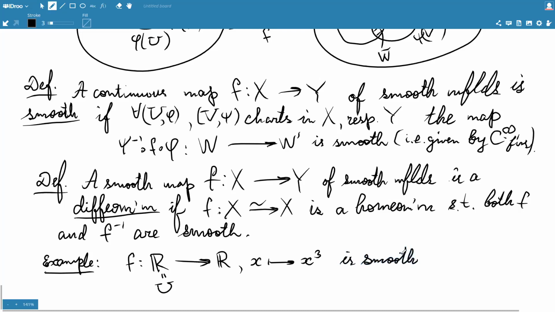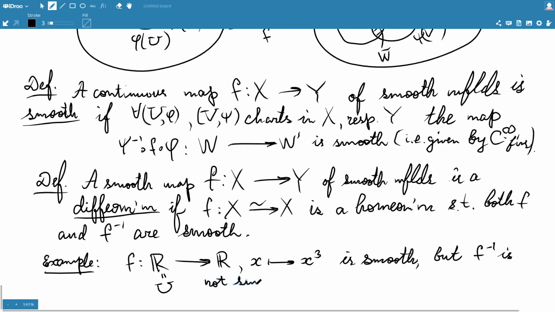But of course, F^-1 is not smooth at which point?